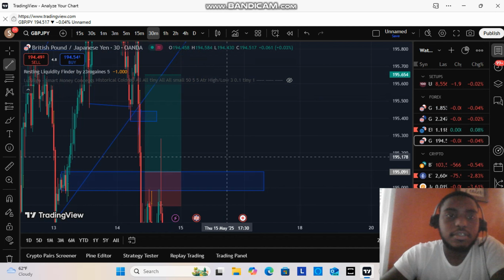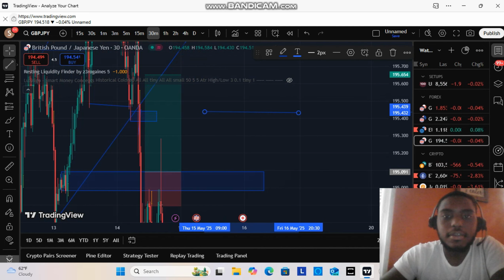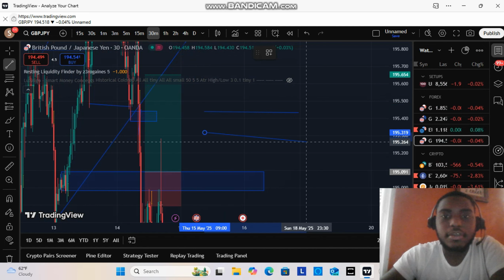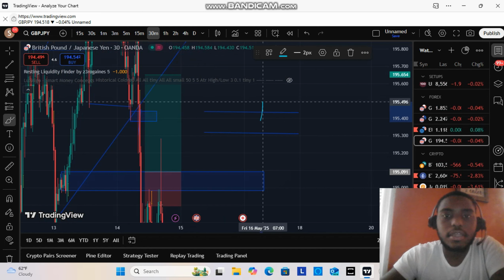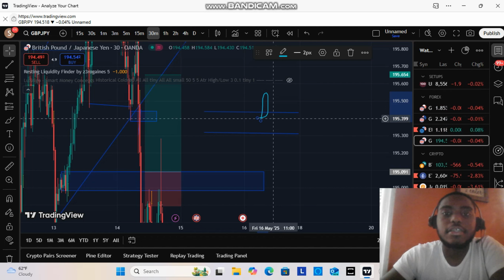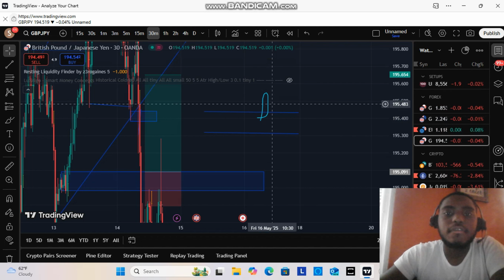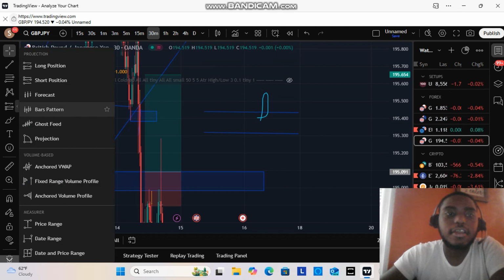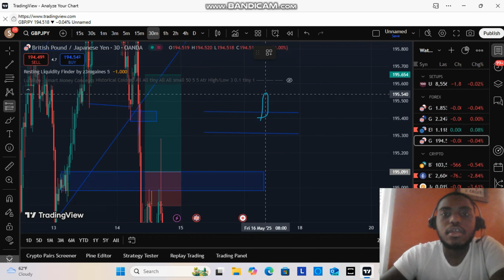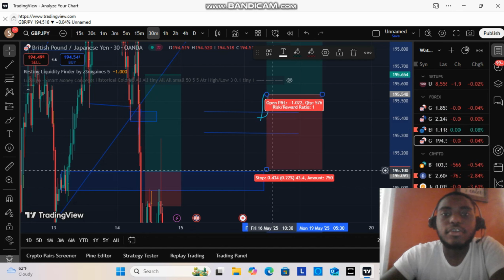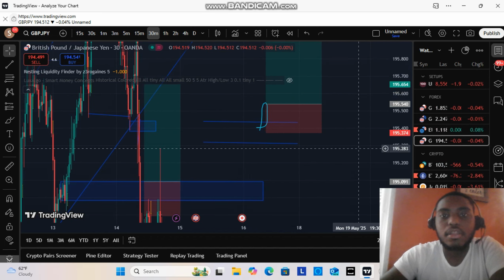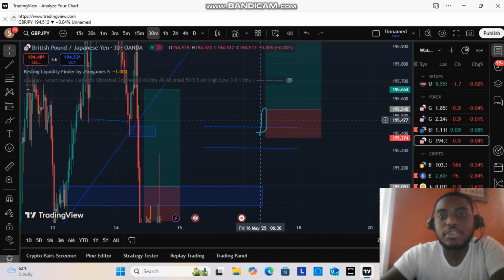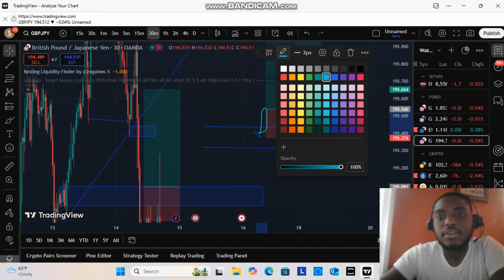Say this is my demand. Then I got a candle. Say this is a candle. That's a horrible ass candle. Let's say that's a bullish candle, right? It closed, 30-minute close. Let's say this closes in a bullish direction.